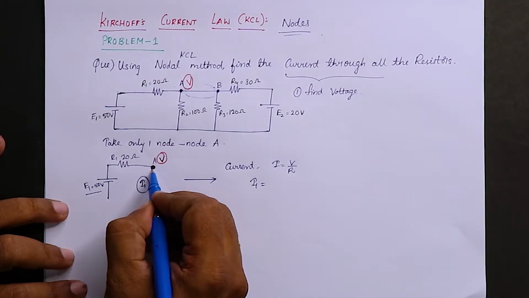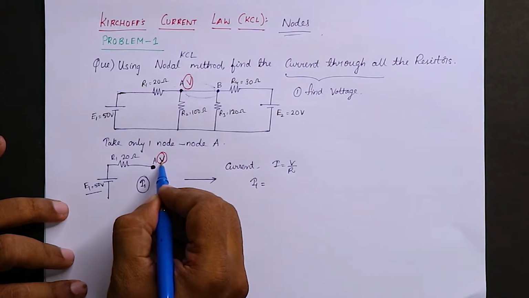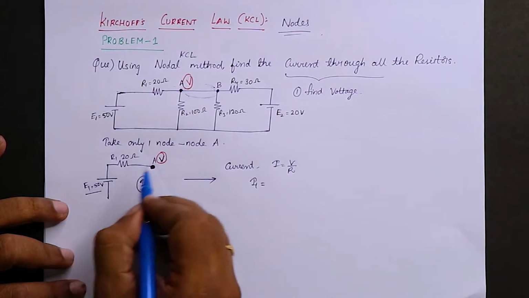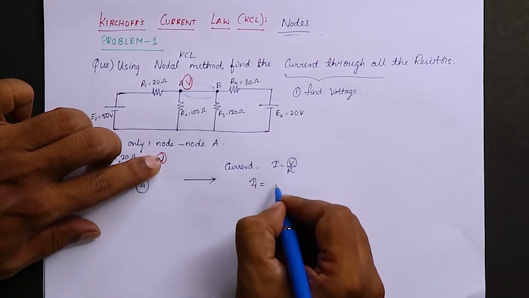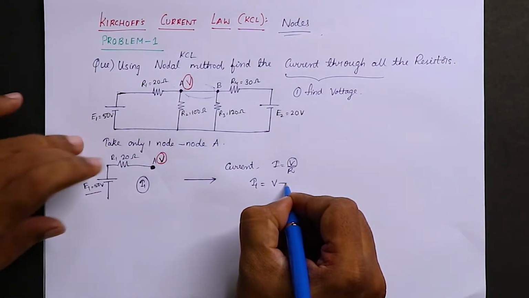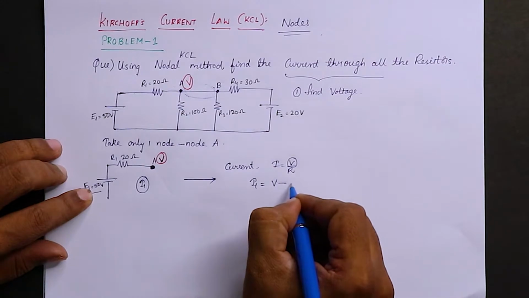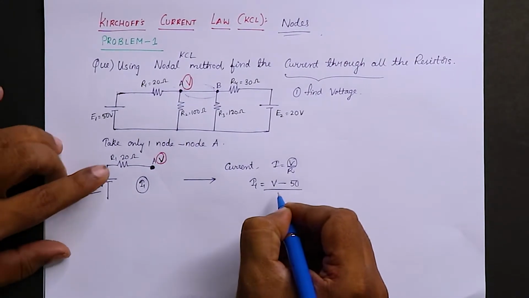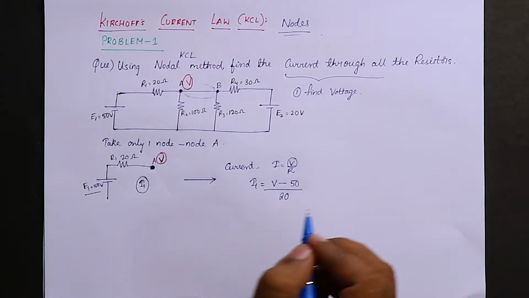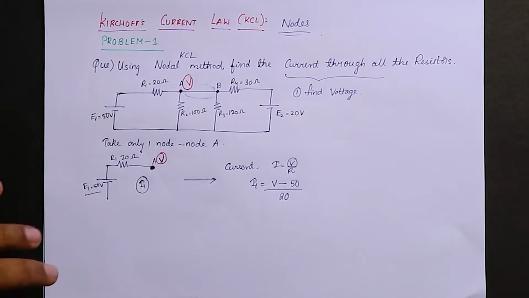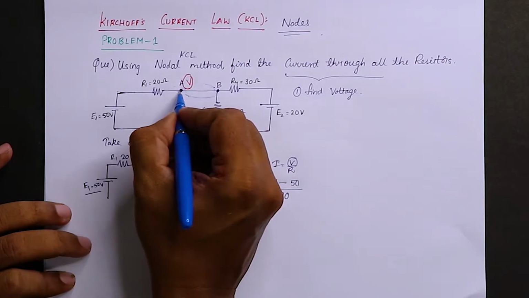One is the voltage we specified, one is the voltage he has given. So V becomes V minus 50, divided by R, which is only 20. So I1 is equal to (V minus 50) by 20. Okay, hope you understood.